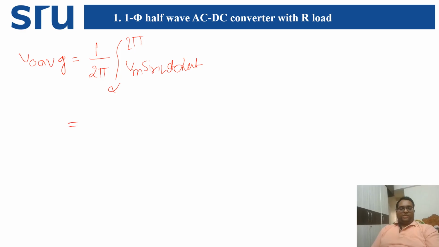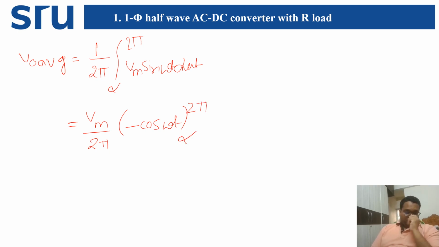Now Vm is a constant, so let us take it outside. Vm by 2 pi. Integration of sin theta gives cos theta, so we write cos omega t from alpha to 2 pi.